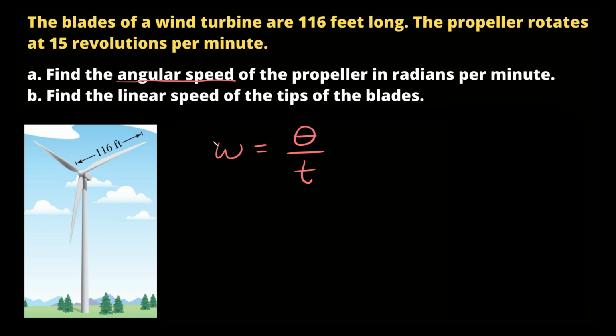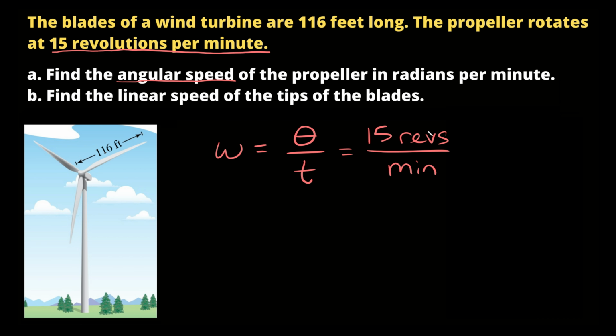The units for angular speed are normally revolutions per some unit of time. And the problem already gave us the angular speed, because it says that the propeller rotates at 15 revolutions per minute. So the angular speed here is equal to 15 revolutions per minute.